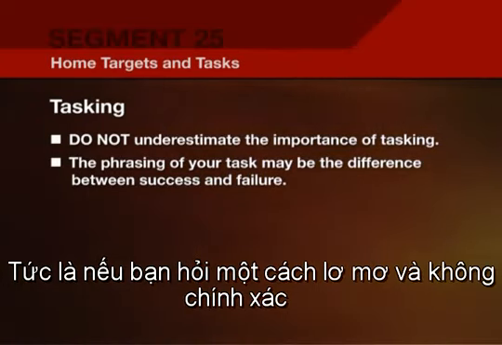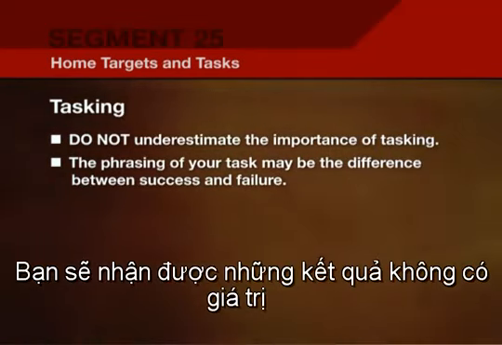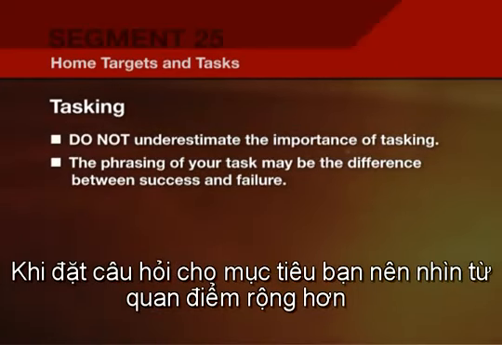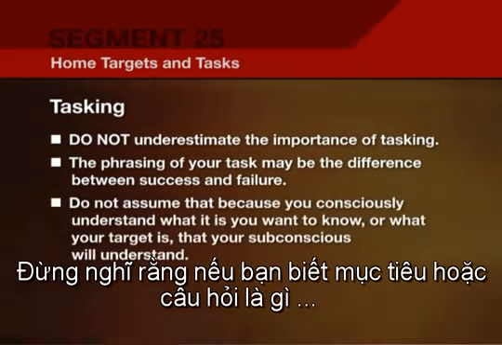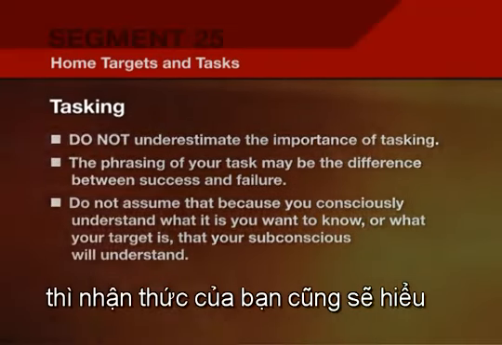Essentially, if you ask or define an ambiguous, unclear, or imprecise question or task, you may receive meaningless indications in return. You must look at each specific dowsing situation from a broader viewpoint. Do not assume that because you consciously understand what it is you want or know, or what your target is, that your subconscious will understand.